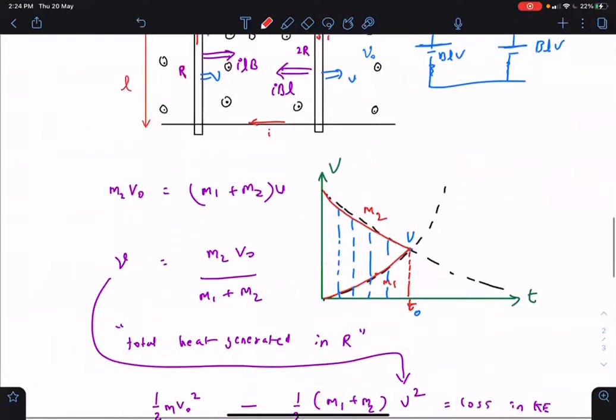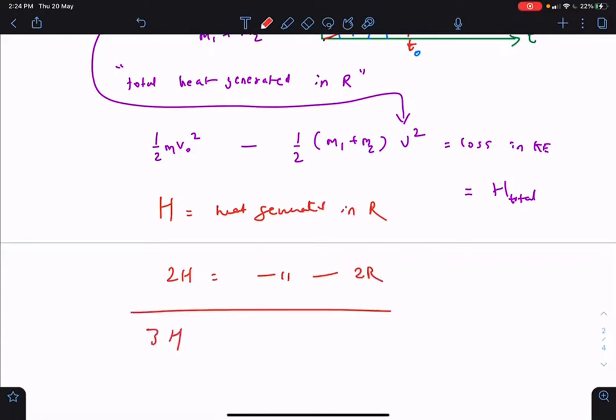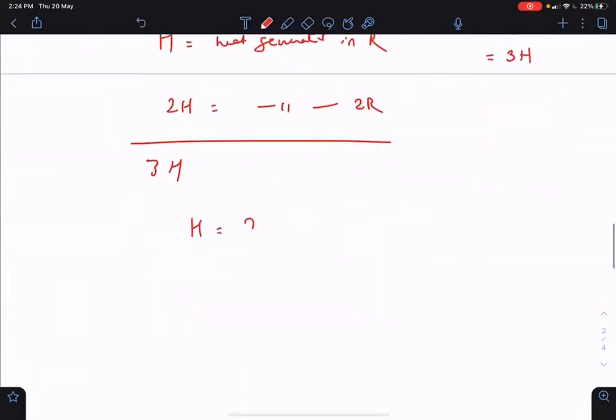If H is the heat generated in R, then for 2R the heat generated will be 2H. Total heat generated is 3H. So this total heat 3H will come from the reduction in kinetic energy, which we have already calculated. So you can find out the heat generated also in this case.